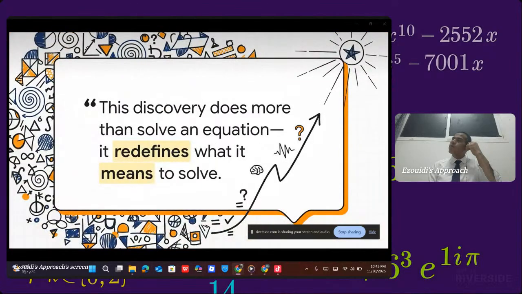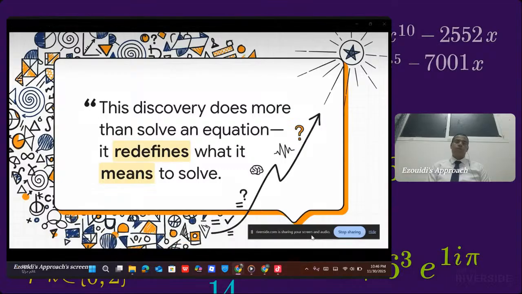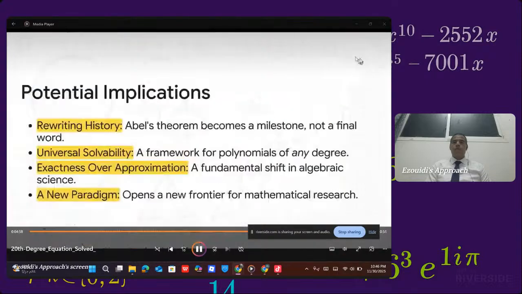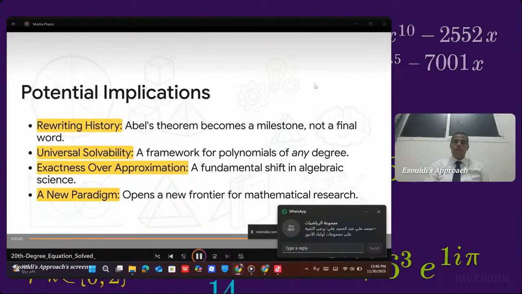You see, this is about so much more than just one difficult math problem. If this is true, it fundamentally changes our understanding of what is possible. It redefines the very act of solving. It shifts the goal from just getting close, from approximation, back to absolute symbolic exactness. So why does this matter to anyone who isn't a mathematician? Well, this move from approximation to exactness could have huge ripple effects.